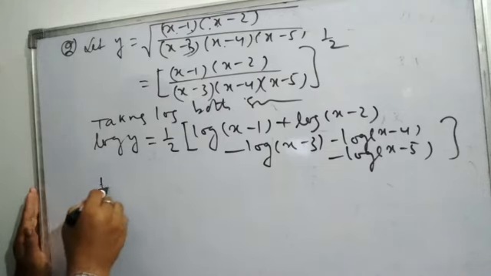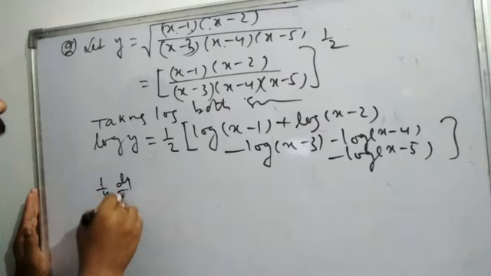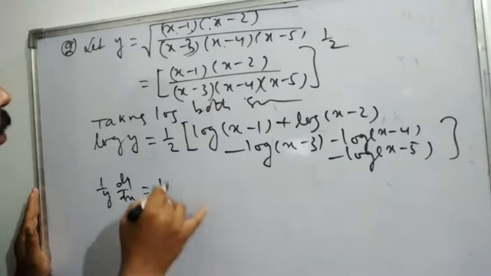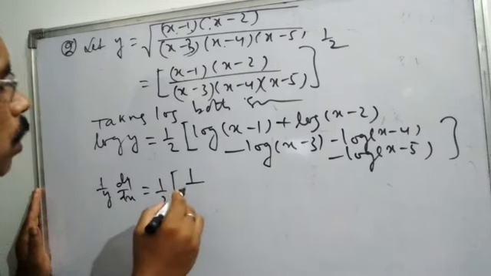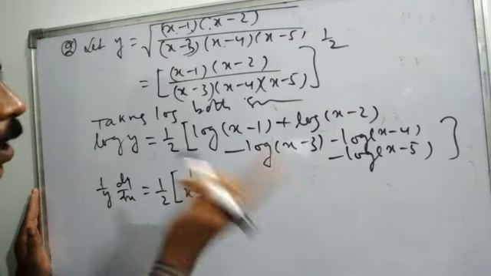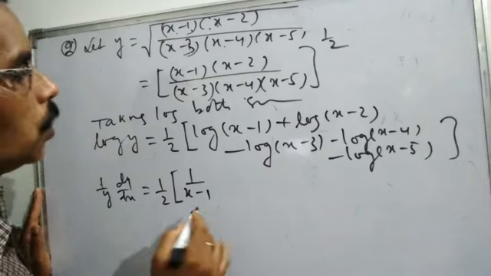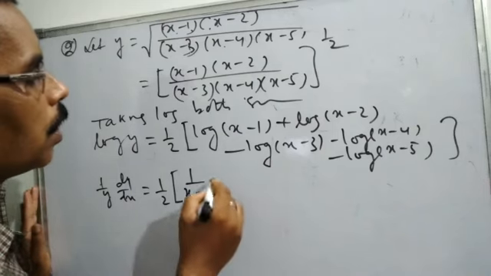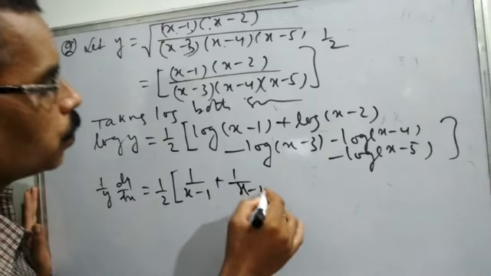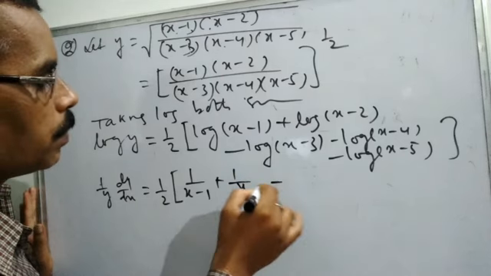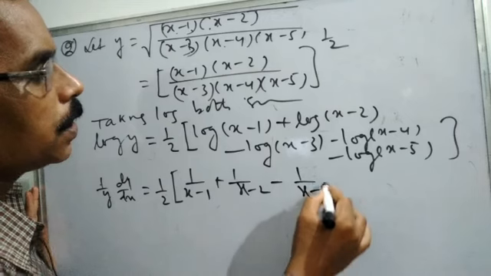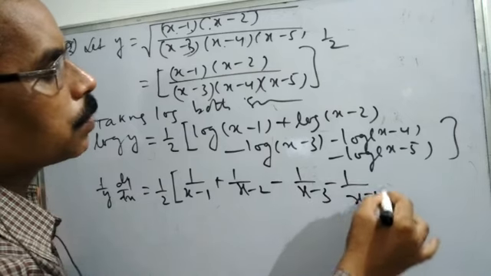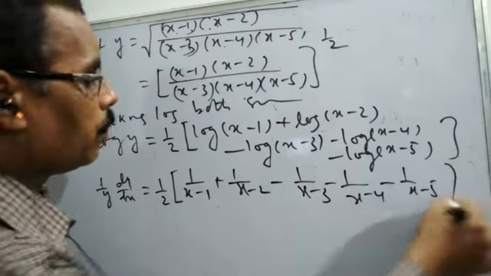So what will be? 1 by y dy by dx equals half, constant, log (x minus 1), then 1 by x minus 1. Derivative of x minus 1 is obviously 1, so not necessary to write here. Then 1 by x minus 2, similarly derivative of x minus 2 is also 1, similarly minus 1 by x minus 3 minus 1 by x minus 4 minus 1 by x minus 5.